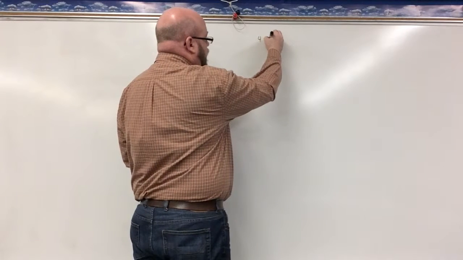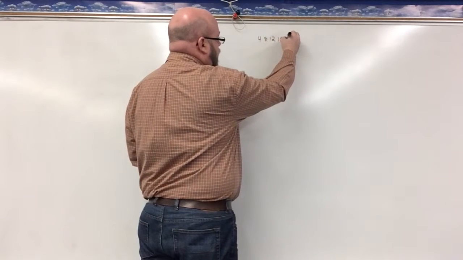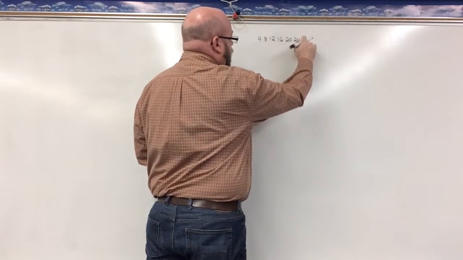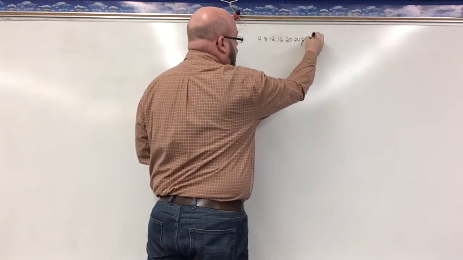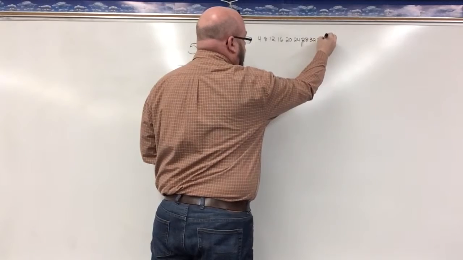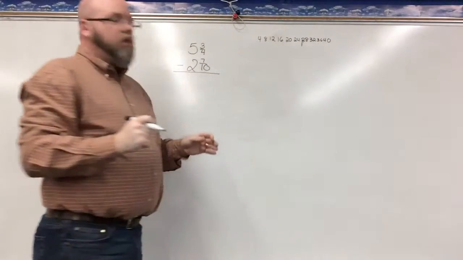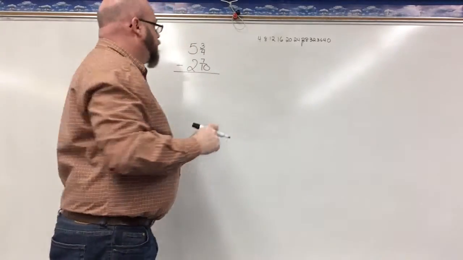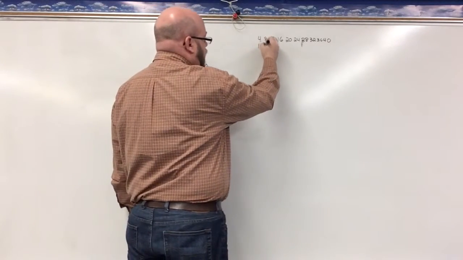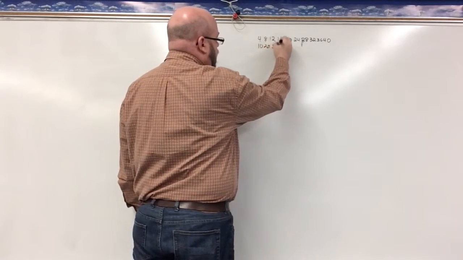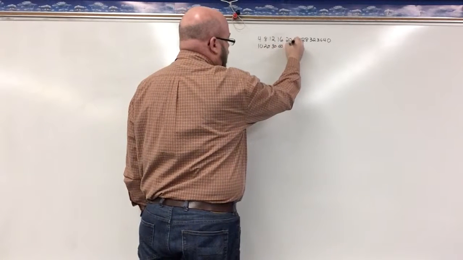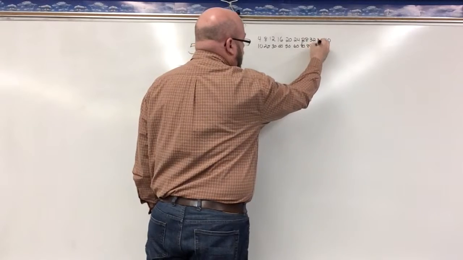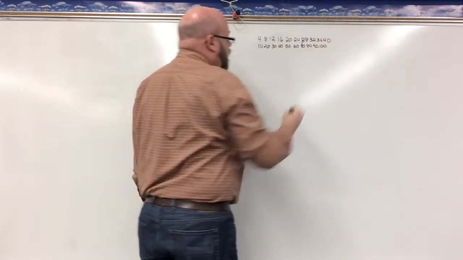4, 8, 12, 16, 20, 24, 28, 32, 36, 40. So there are my first 10 multiples of 4. 10, 20, 30, 40, 50, 60, 70, 80, 90, 100.